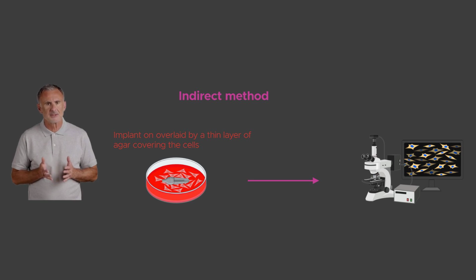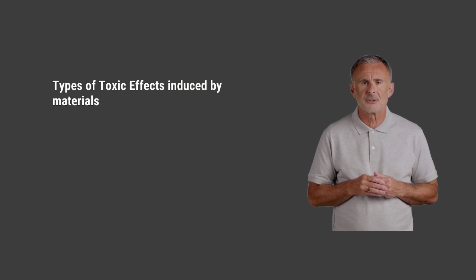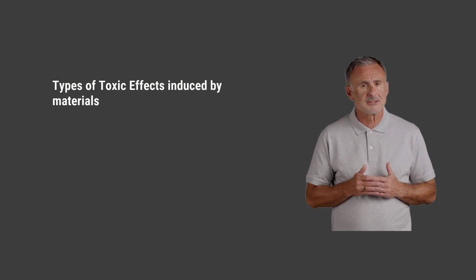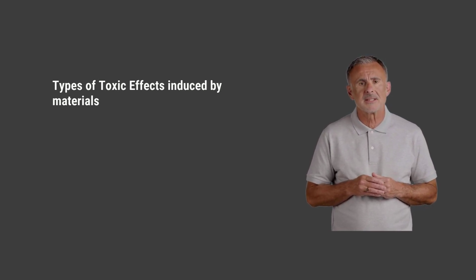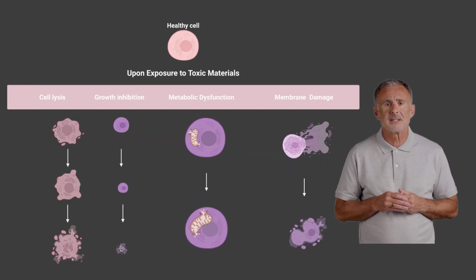Similar to other methods, the detection of acute toxicity from contact will be determined. In the next slide, I will discuss major materials-induced toxicity mechanisms that cytotoxicity assay can evaluate. Now, let's discuss these mechanisms in detail.